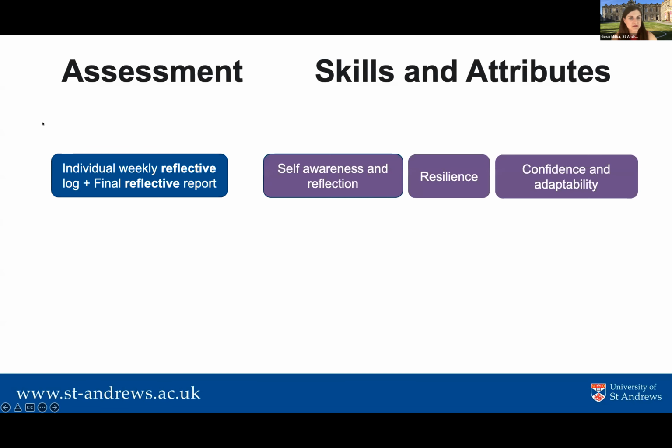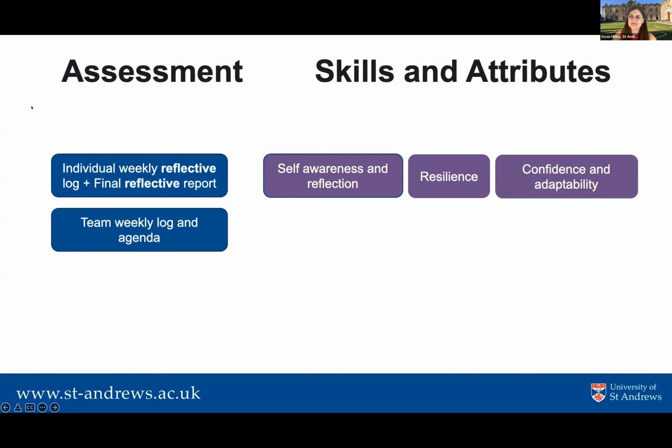Through the process of reflection, they become more self-aware and resilient and develop confidence and adaptability. On the right, you can see skills and attributes, or the so-called graduate attributes, that we have developed and want students to develop through learning.